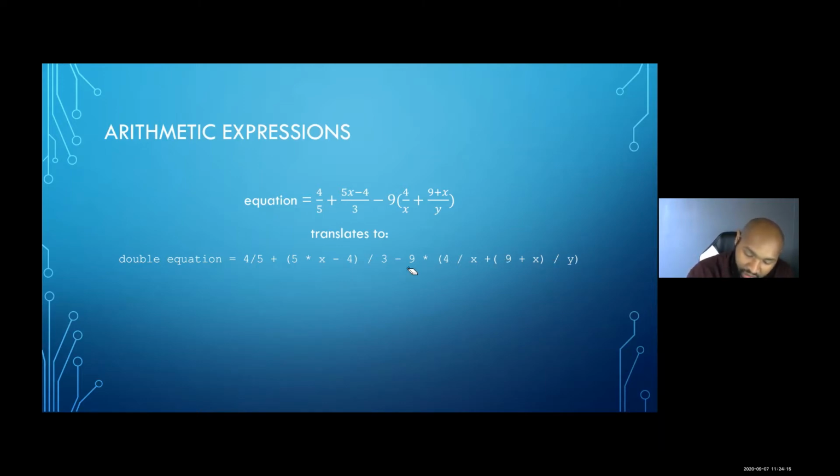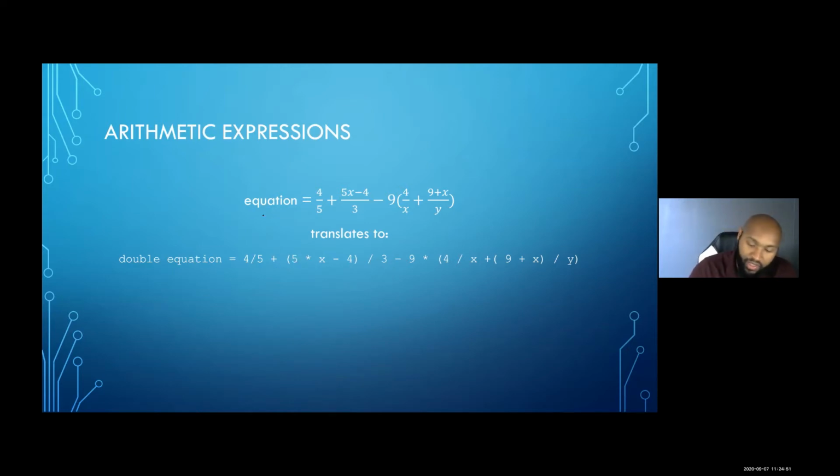We do this one first, or 2. Then we do these parentheses, number 3. Then we do this divide over here, and this divide over here, this multiplication over here, right? And then lastly, 7 and 8.